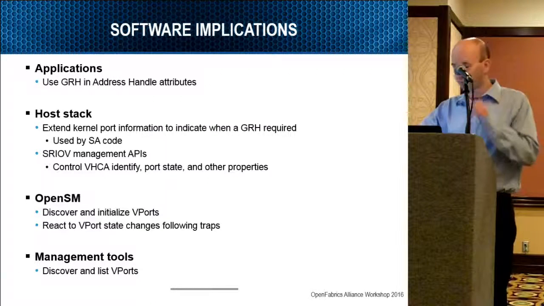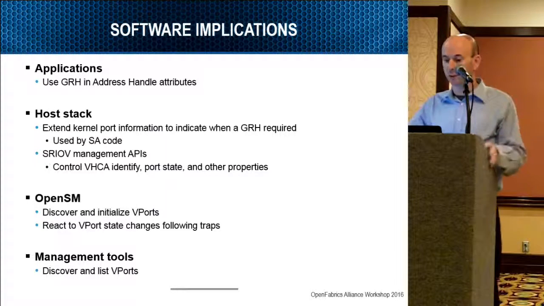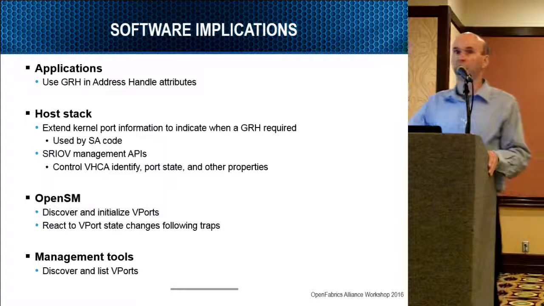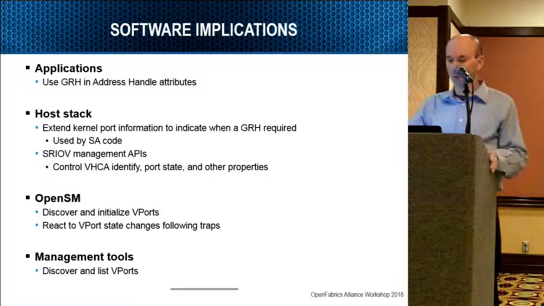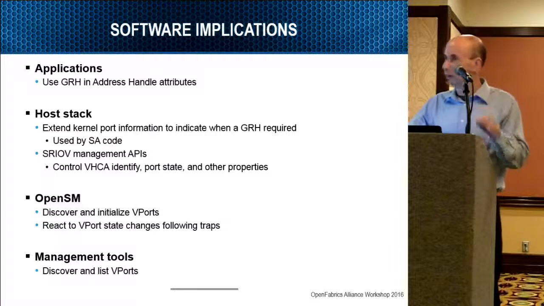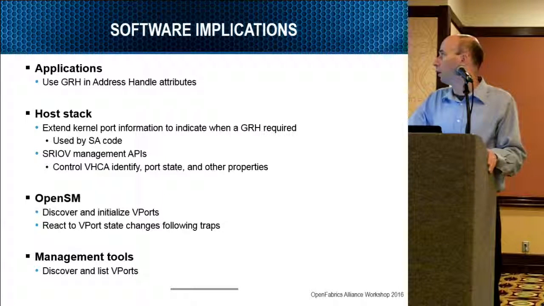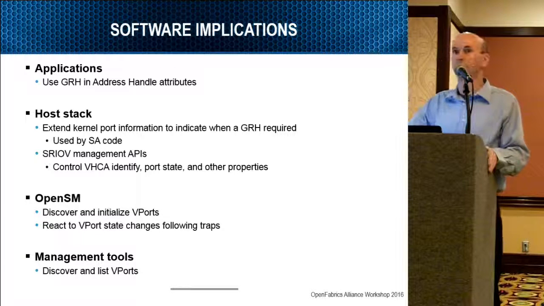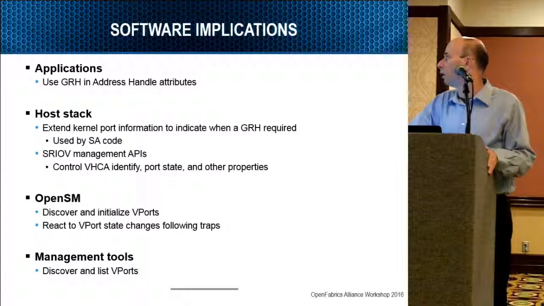Regarding the SM, after you initialize the physical ports, you need to discover and initialize the virtual ports, and then react to VPort state changes according to the various traps. The SA needs to honor or process GIDs of VPorts.